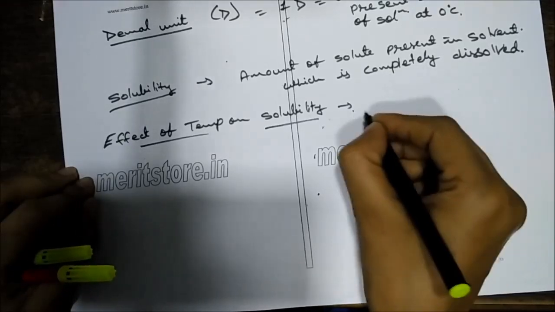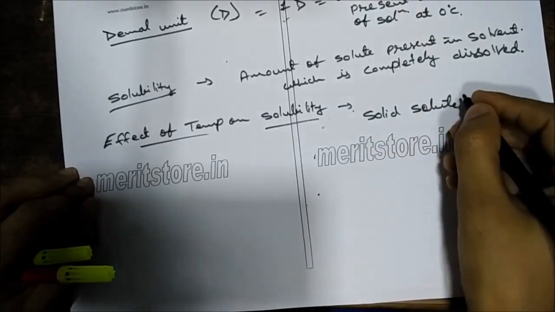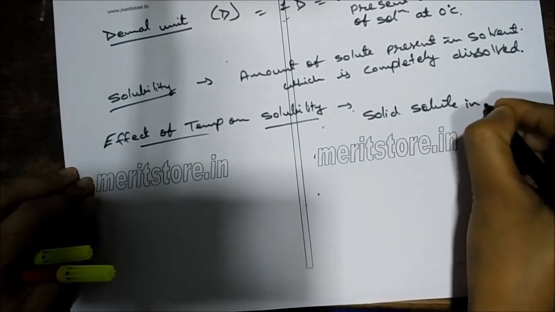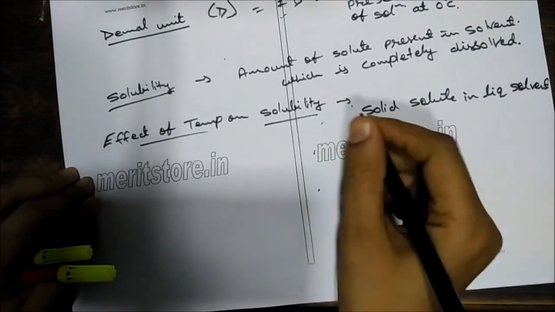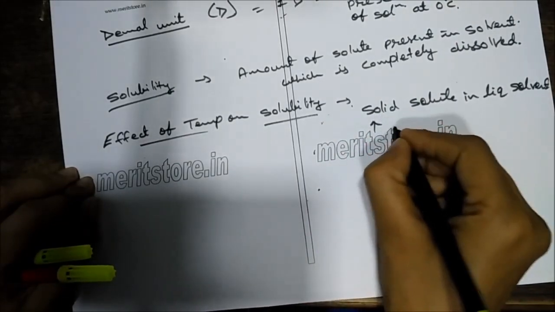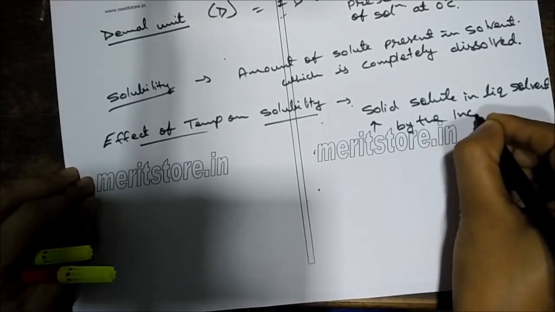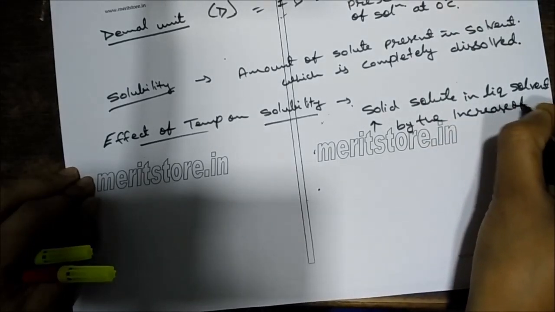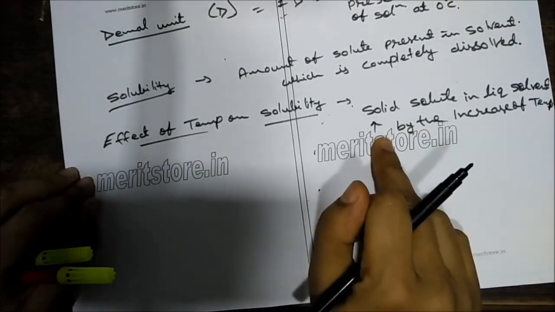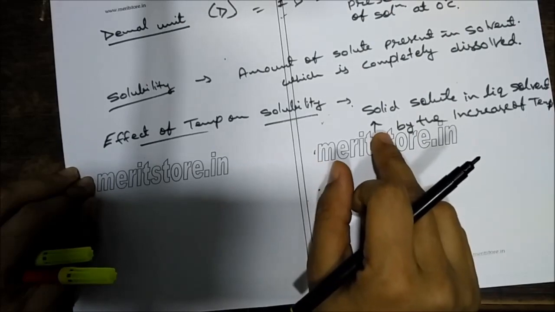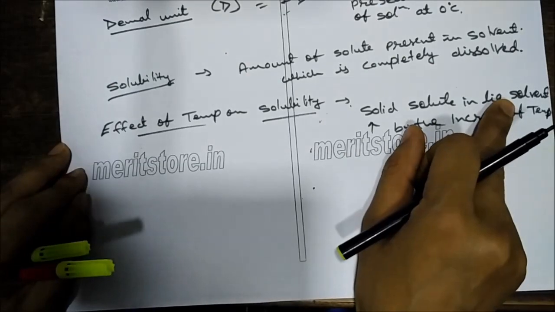Generally, solubility of solid solute in liquid solvent increases by the increase of temperature. As we increase the temperature, the solubility will also increase. This is applied for the solid solute in liquid solvent.